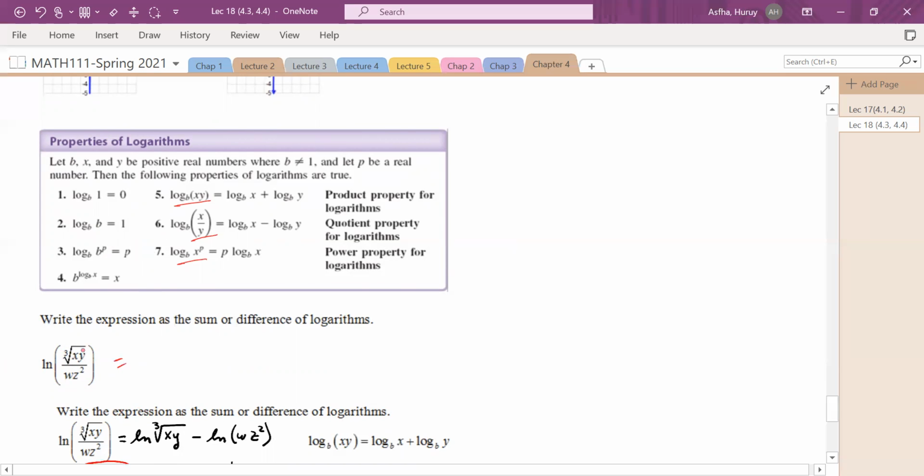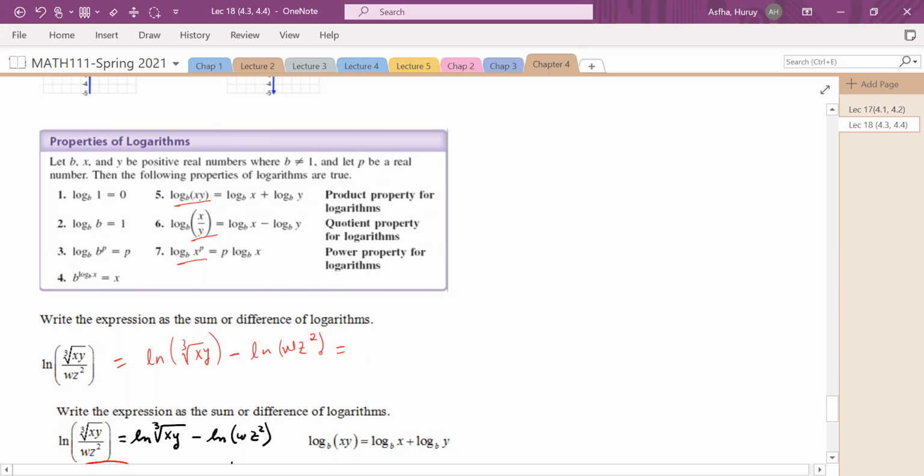Here we have a quotient of two numbers, the top and the bottom. So I will use the quotient property, and I will write this one as ln cube root of xy minus ln wz square.